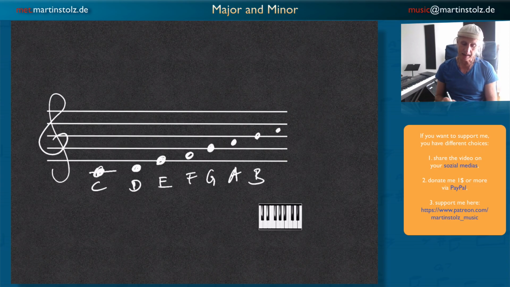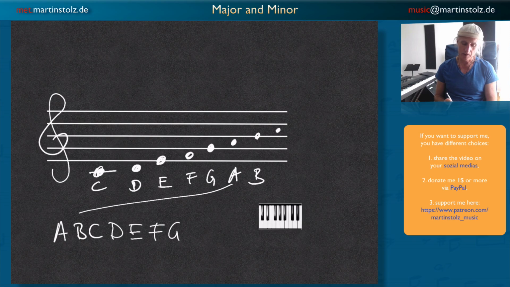And as you can see, if you take a closer look at the letters, you will find out that it's just the ABC. A, B, C, D, E, F, G. That is very, very important to understand.